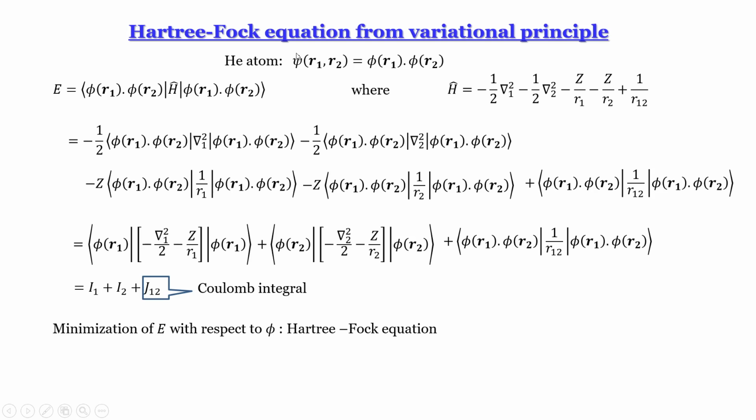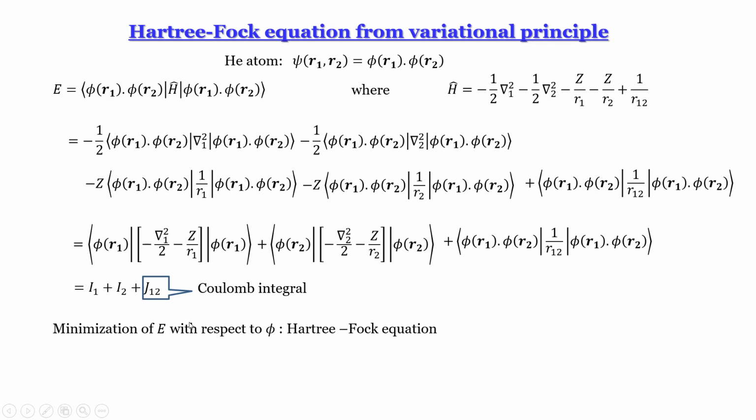See, Hartree-Fock equation from variational principle. So they have chosen that this is our helium atom, and maybe these are our wave functions. We still don't know exactly what type of orbitals or wave functions these are. Fine. So the average energy for this kind of trial wave function they have tried to get, and they found it will be something like this.